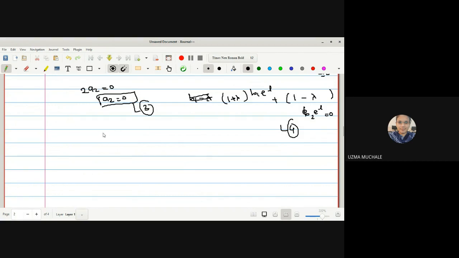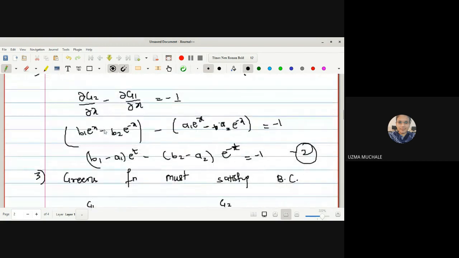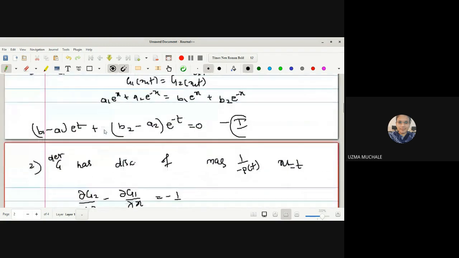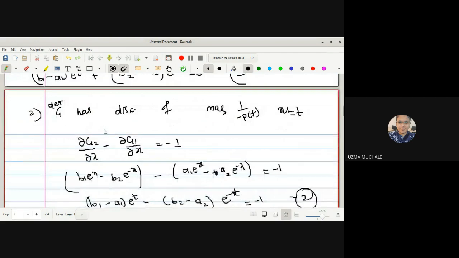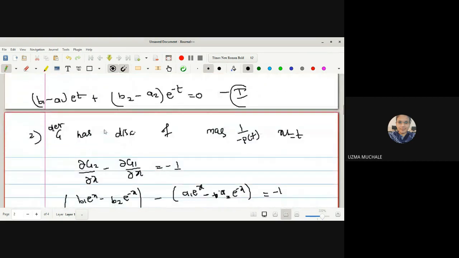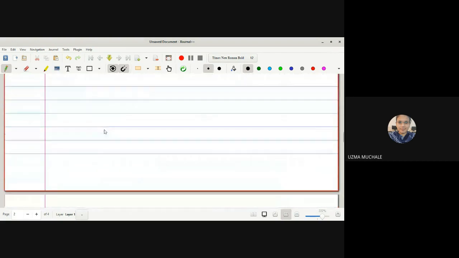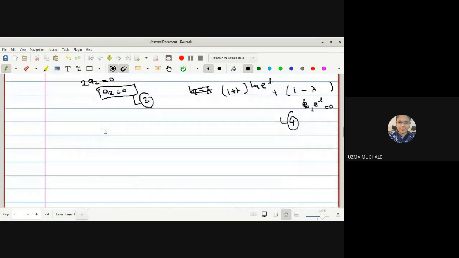Rewriting the equations with b1 minus a1 as c1 and b2 minus a2 as c2, this is equation 1 and this is equation 2. You can write this as c1 e raised to t plus c2 e raised to minus t equal to 0.